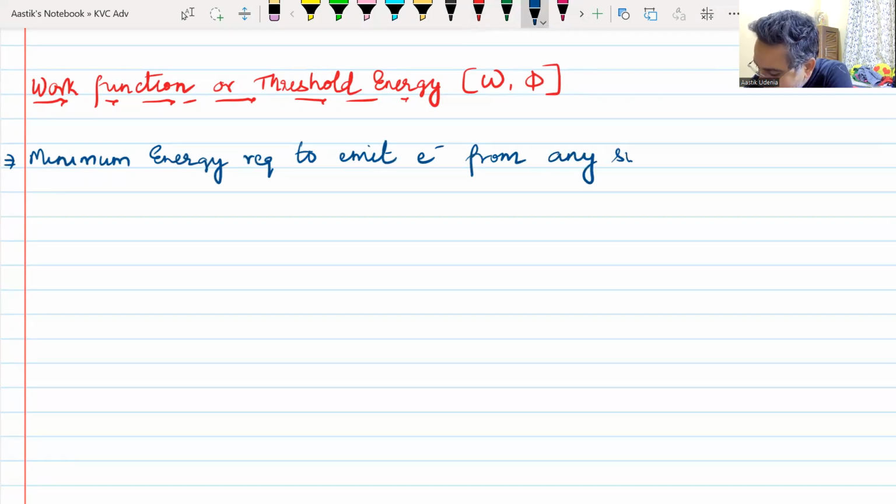It could be a metal, it could be anything. You must give it some minimum amount of energy so that electrons can be emitted. That would be known as the threshold energy or work function.